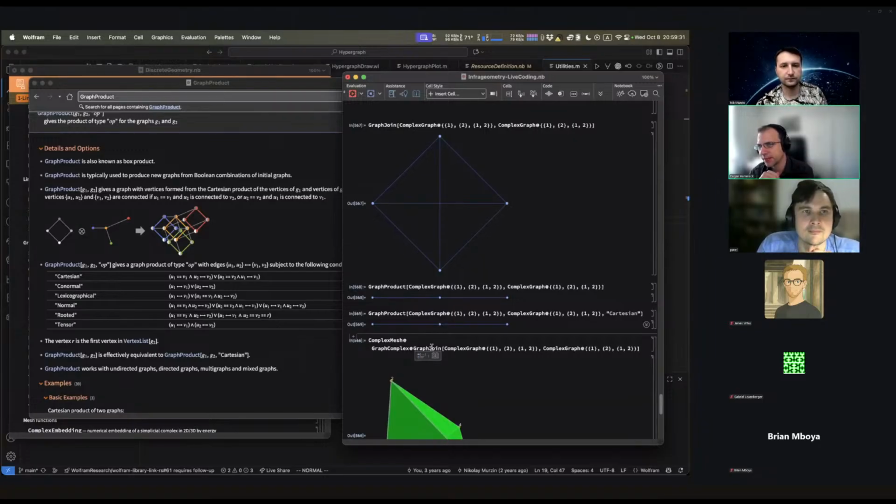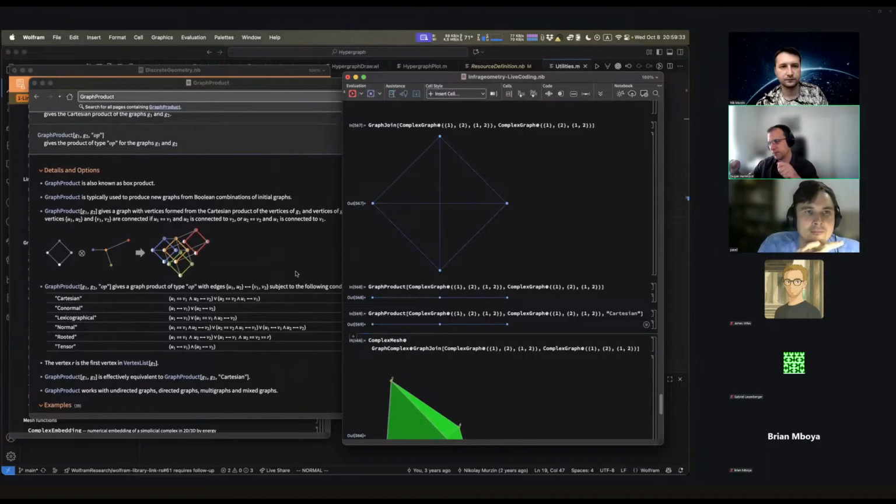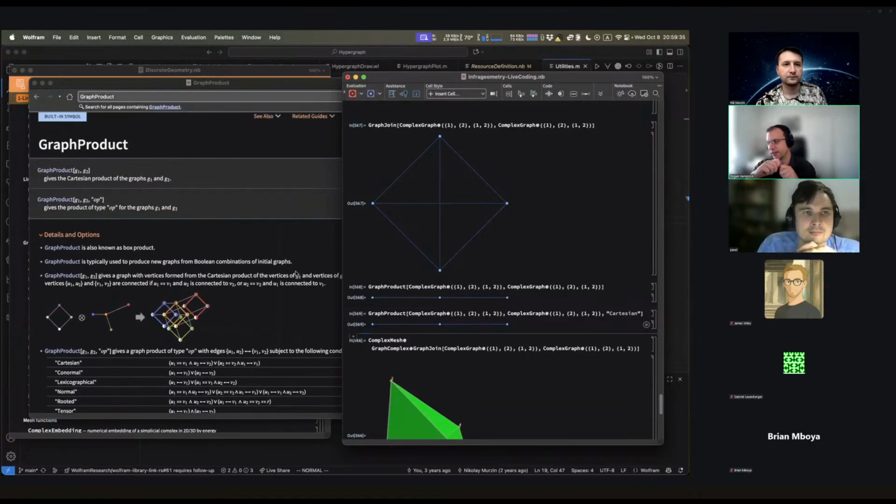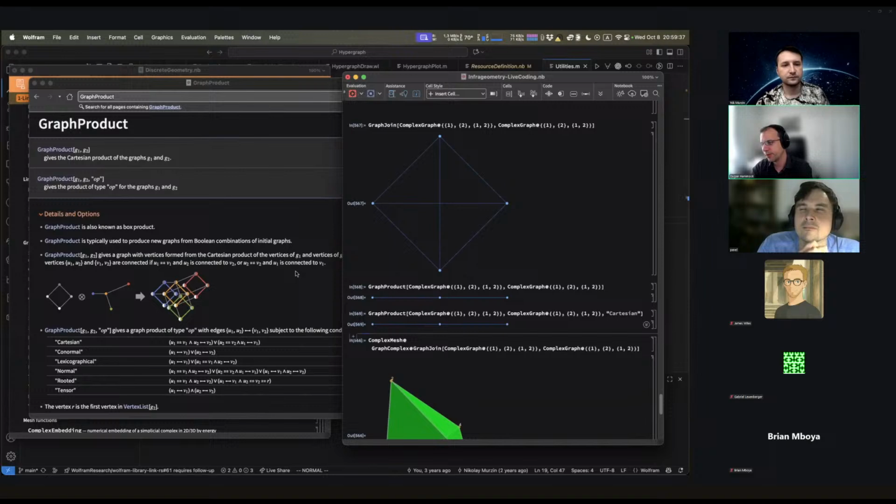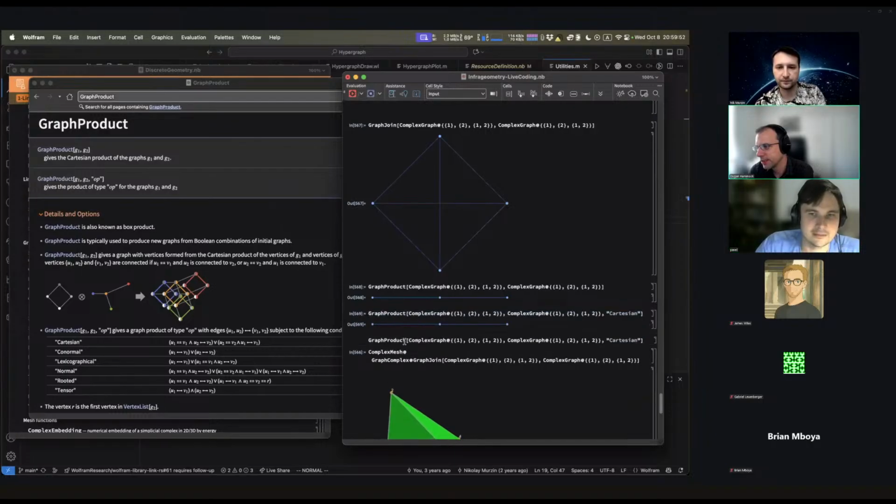For instance, I want to think about taking a line segment and a triangle and seeing if that would make a triangular prism as a Cartesian product. Would those be completely disjoint, or would the triangle have to be incident on that edge at a vertex?